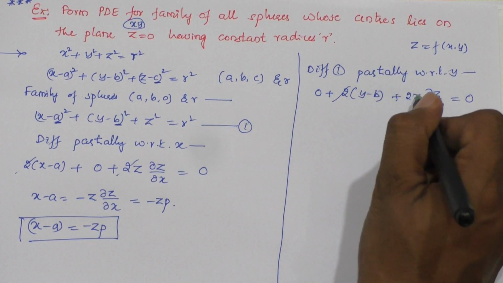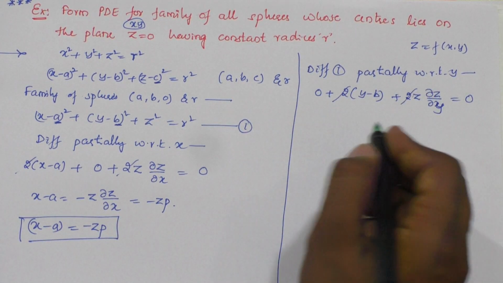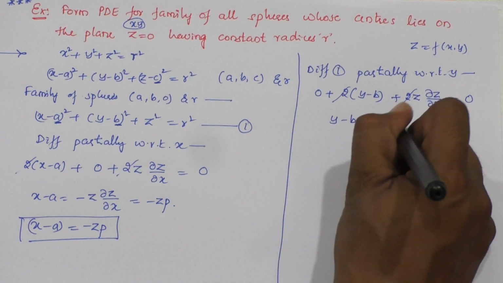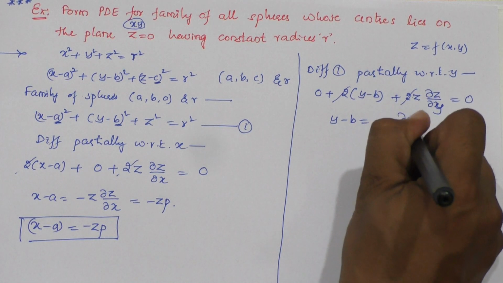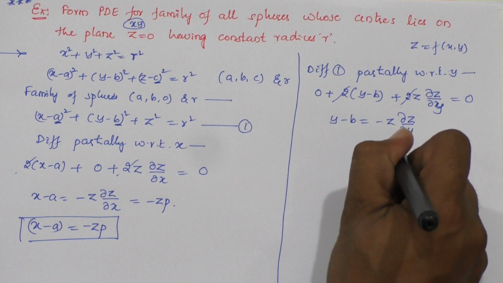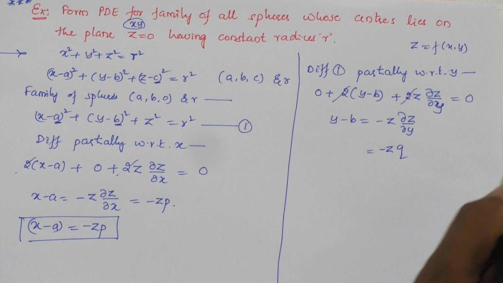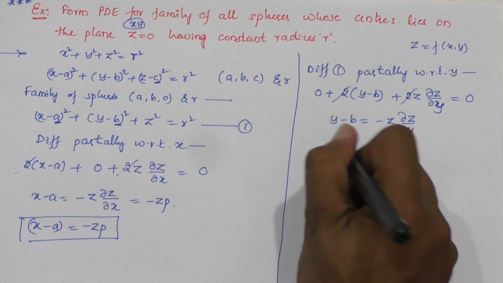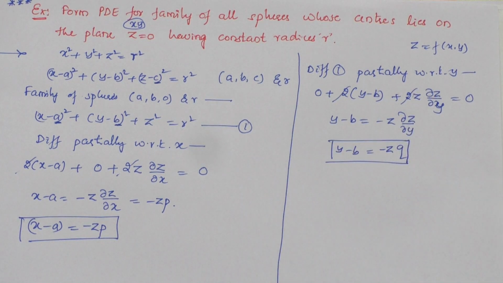Again 2 is common throughout, so transfer that side, it will be 0. So y minus b equal to minus z dou z by dou y. Dou z by dou y has the notation q, so y minus b is equal to minus zq. So this is what we got.